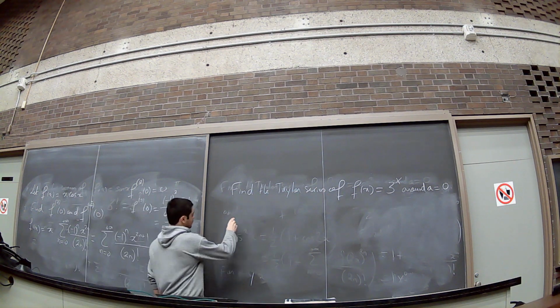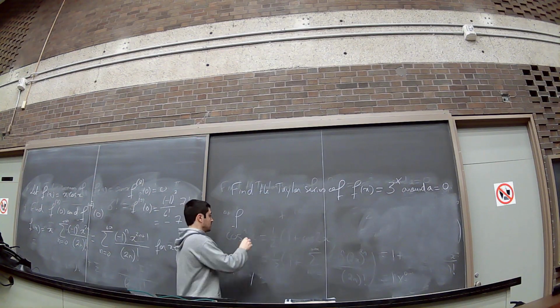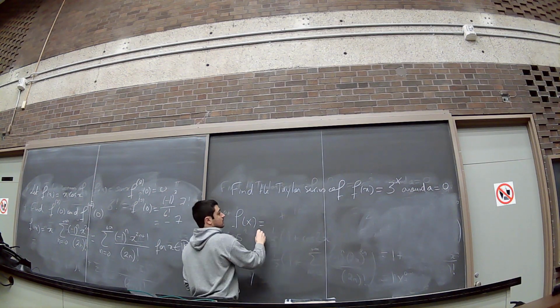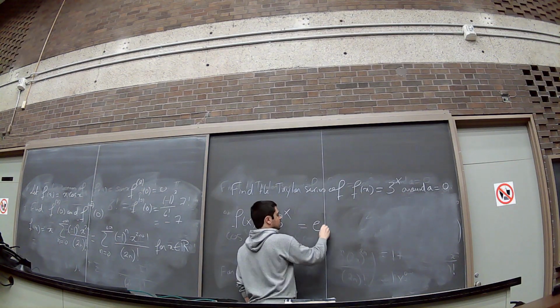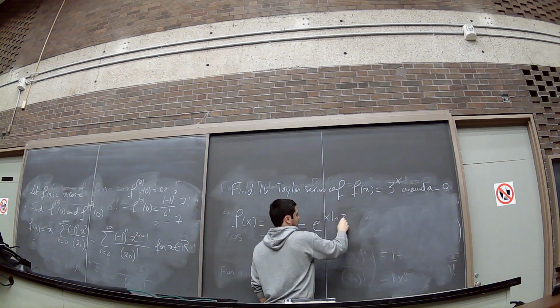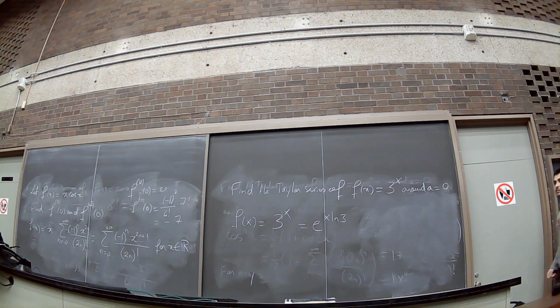But what if I transform my function? How do I start? What if I write this as e to the x log 3? Isn't that correct? Now I can use the power series of e to the x.